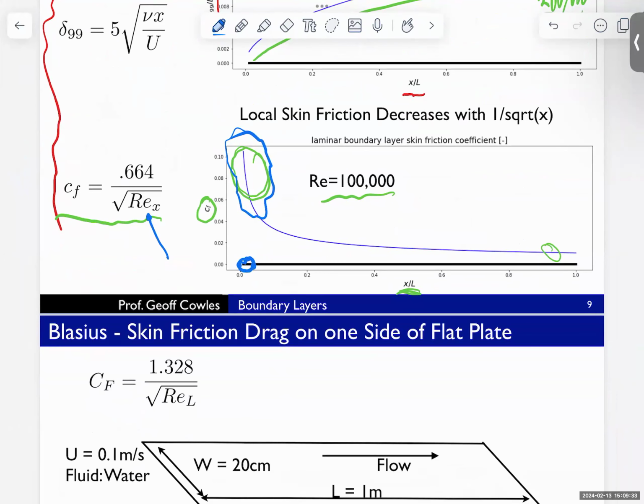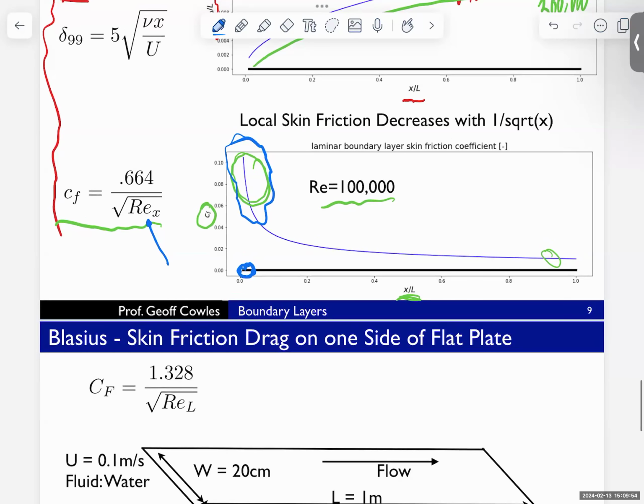That's because the assumptions that Blasius needed to come up with the closed form solution fail at the leading edge. So his solution produces incorrect results at the leading edge only because he had to make certain assumptions to solve this, and those assumptions don't hold at the leading edge.